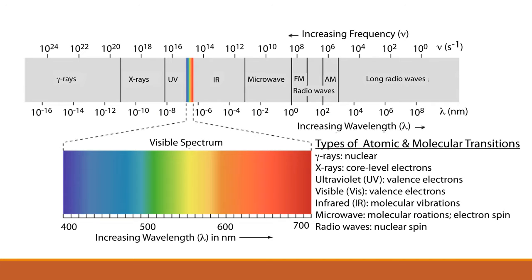Here we have a wide spectrum of electromagnetic radiations ranging from gamma rays, X-rays, UV, IR, microwave, till long radio waves, which vary with respect to wavelength. The interaction of this electromagnetic radiation is different for each class of wavelength.